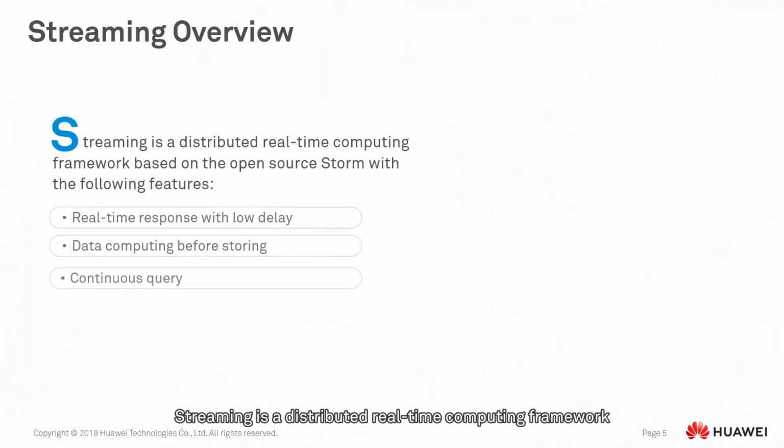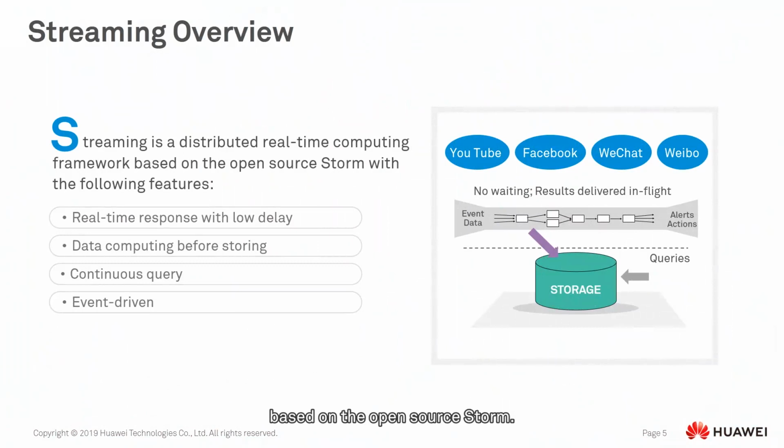Streaming is a distributed real-time computing framework based on the open source Storm. In simple terms, it's a distributed framework for real-time processing of big data, like Apache Hadoop is a distributed framework for batch processing.